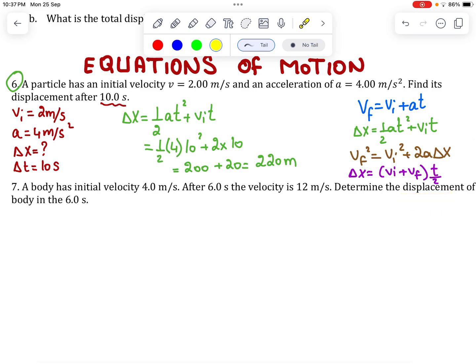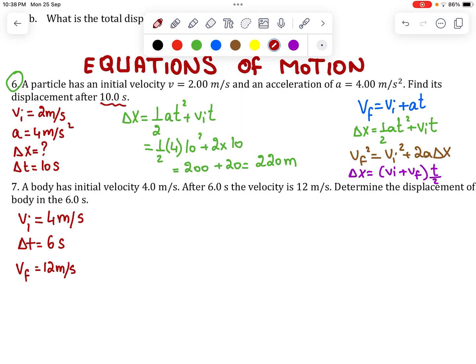So again, I will list my givens: the initial velocity, the velocity at which it began, which was 4. After the time interval of 6 seconds, the final velocity is 12 meters per second.